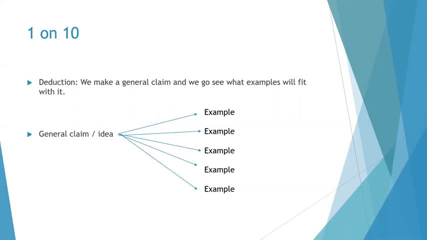We want to try to move to 10-on-1, and we'll talk about why in just a moment. But again, a lot of students start here as they're beginning to write academically, and they start with a general claim or idea. Maybe they went online, or they got onto one of the websites that talks about the text you're reading. You got some SparkNotes or whatever, and then you go and try to prove that idea in the text, okay?